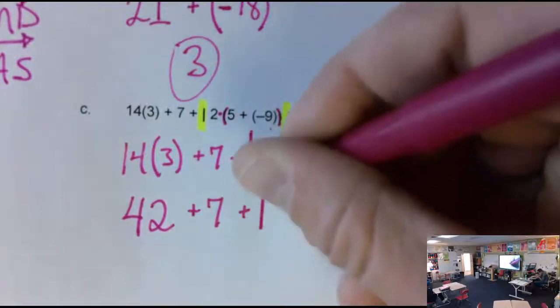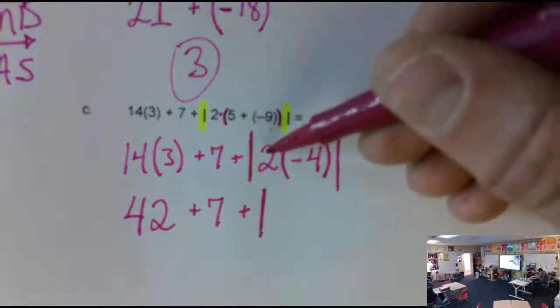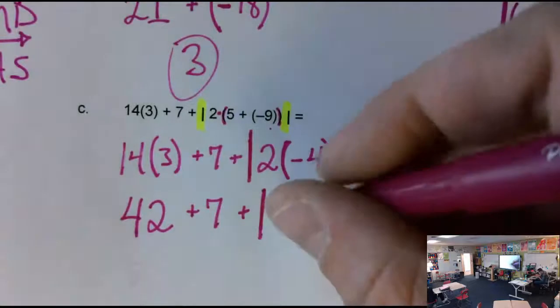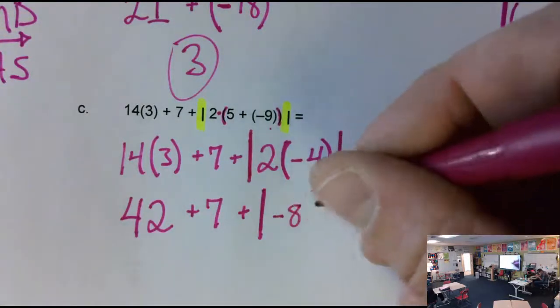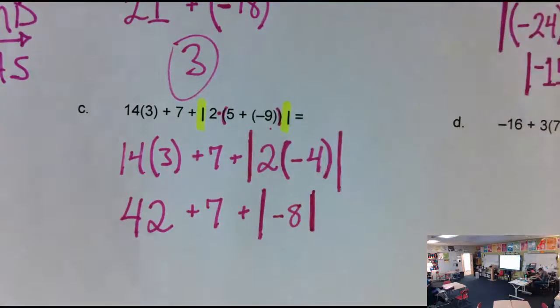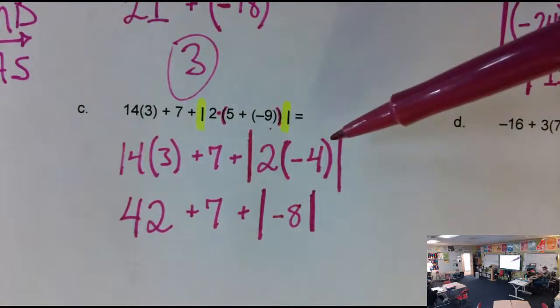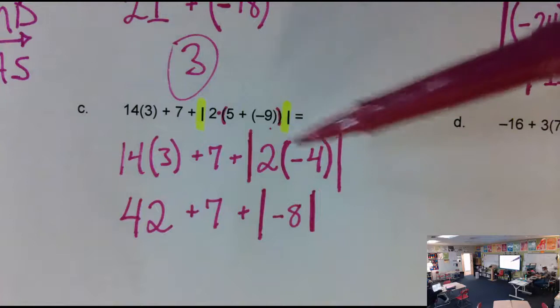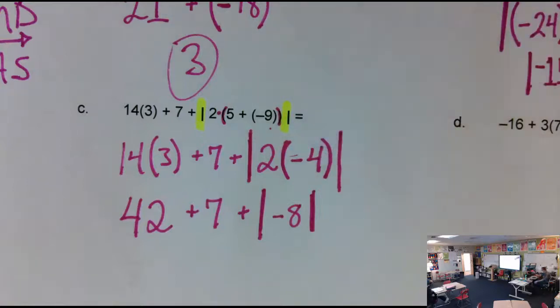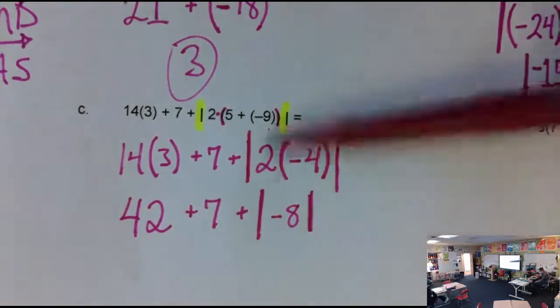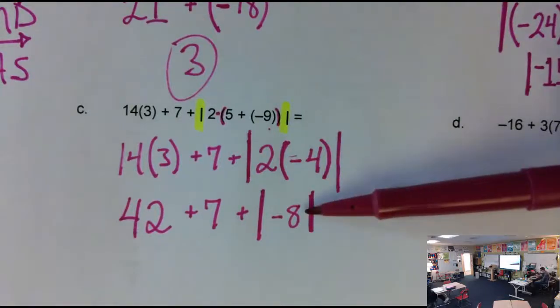We still have plus the absolute value. What's 2 times negative 4 going to give us? Careful, we're multiplying, right? You just put them together through addition, which is a really common mistake that I see, these and I add them accidentally. So inside the absolute value becomes negative 8.